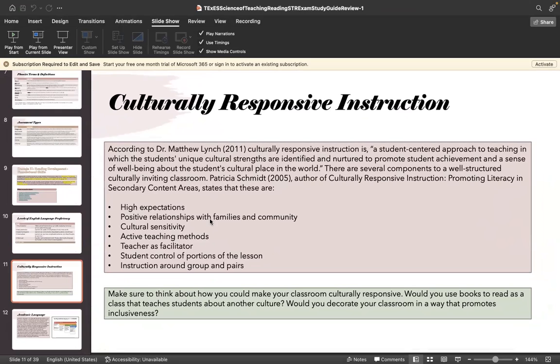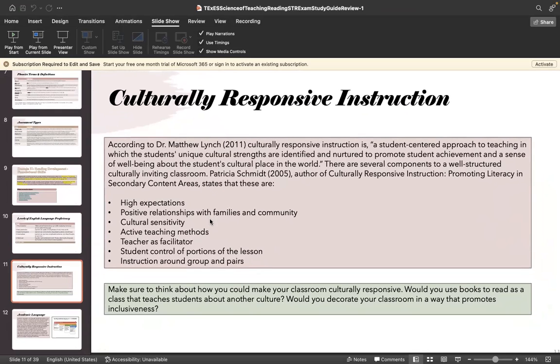Culturally responsive teaching, culturally responsive instruction. That's you centering your student in your mind, all your students, when you're thinking about your lessons and making sure that you highlight, that you affirm, that you applaud unique cultural strengths in your students and nurture those.